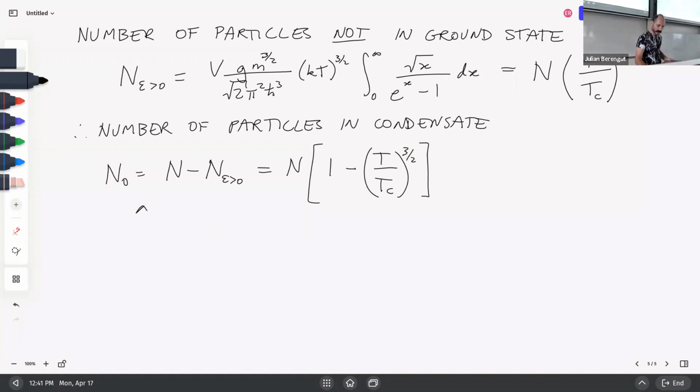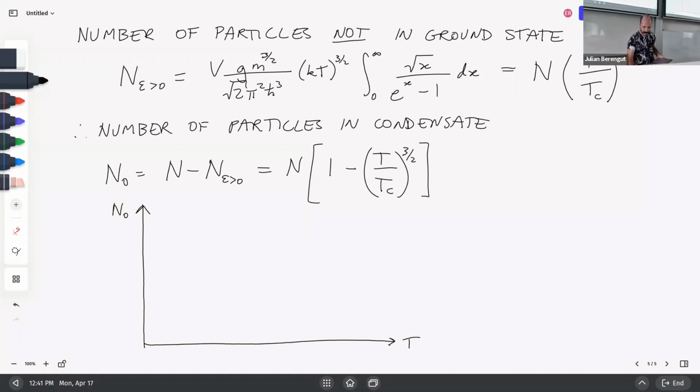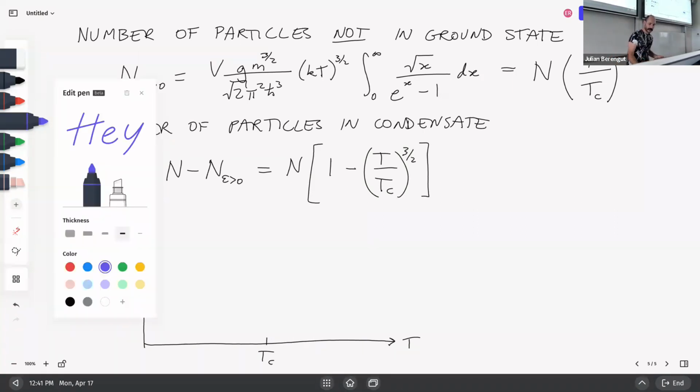What does that look like? It looks like this. I've got N naught versus T. There's some critical temperature TC. Above the critical temperature, the number that are in the ground state is close enough to zero that I don't need to worry about it.